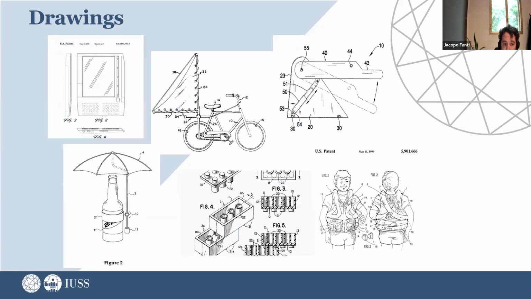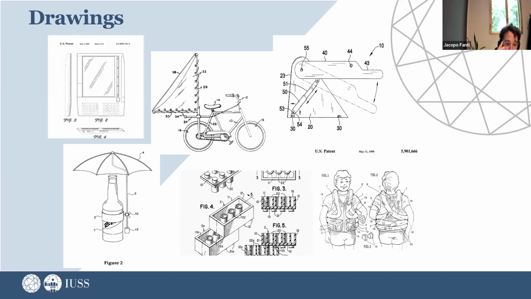Drawings. Very often, as in conventional scientific literature, patents contain diagrams or other graphics concerned with the invention. So I think that they are very helpful in order to better understand an invention, a technological solution. And in this case, you can see some examples. We have the first Lego patent, toy building brick, filed in 1961.